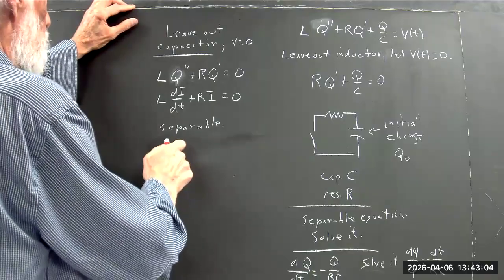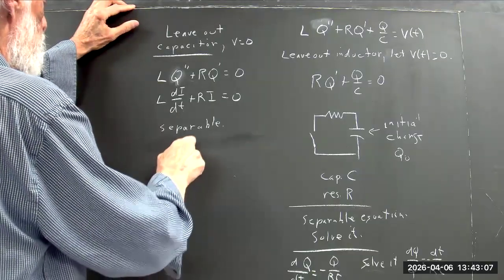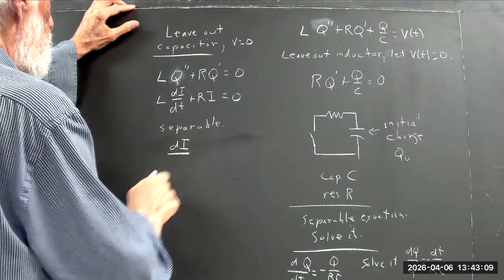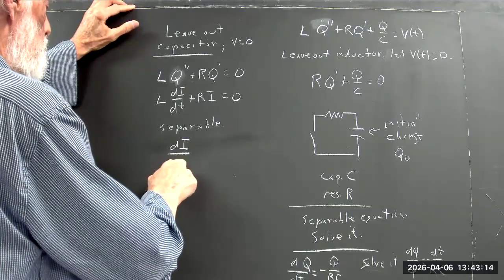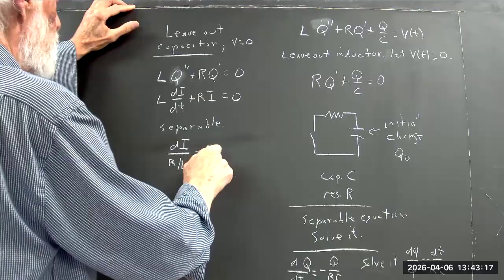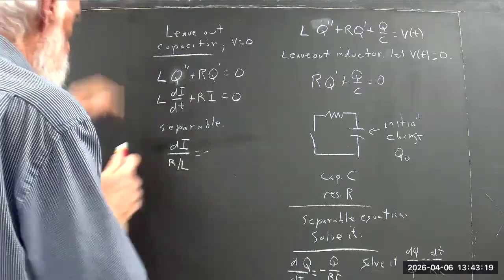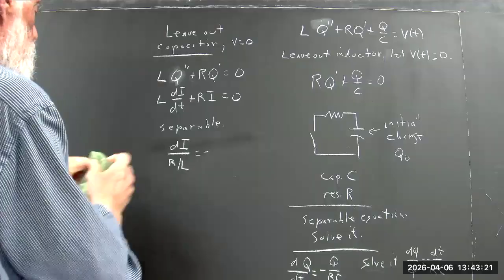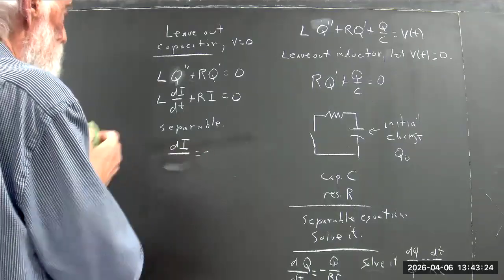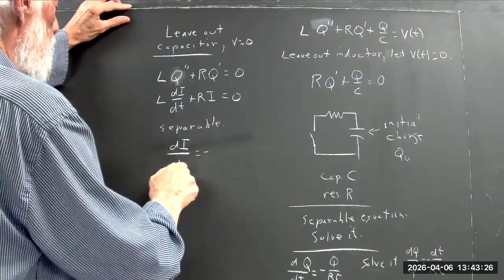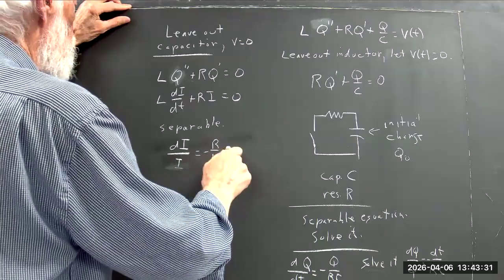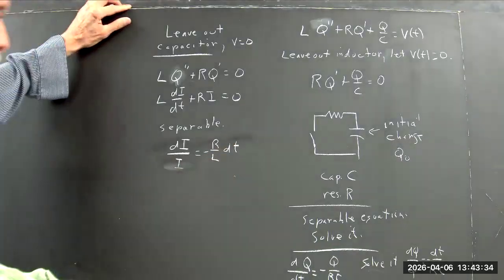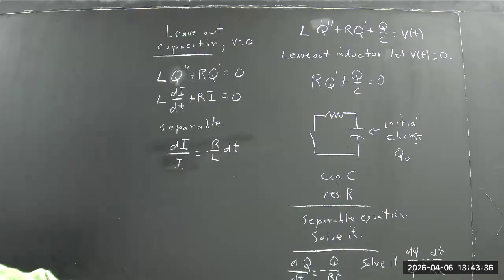Okay, so we're going to get di divided by r over L equals, well, no. I mean, I could do that. You're going to get di over I equals negative r over L dt. And that should be clear.